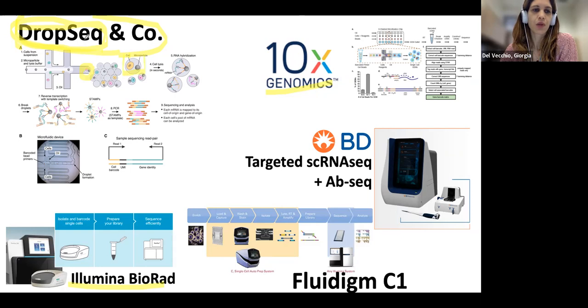Unfortunately, the Drop-Seq was not that efficient. Most of the droplets were empty, or they just encapsulated the cell or the microparticle. So the encapsulation part was not that efficient, and that's why 10x and other companies improved the encapsulation part.